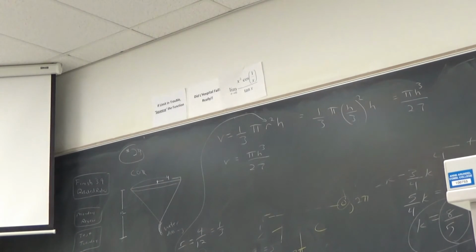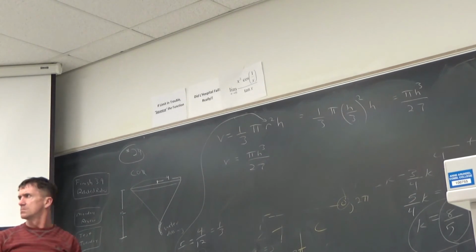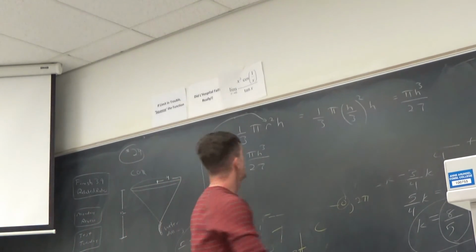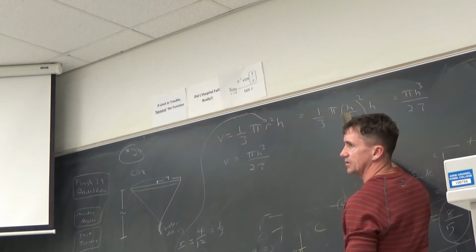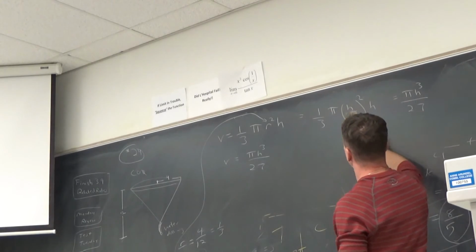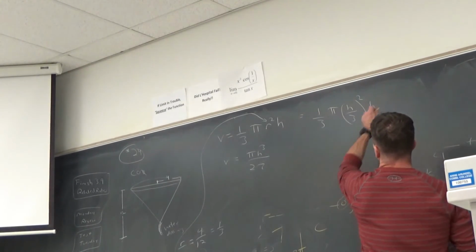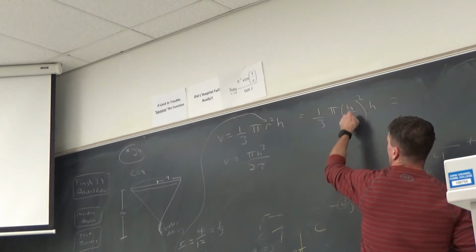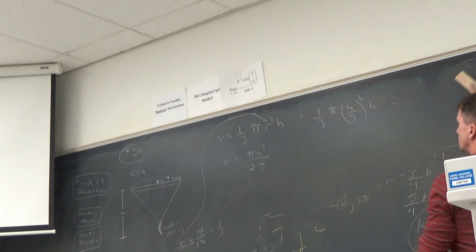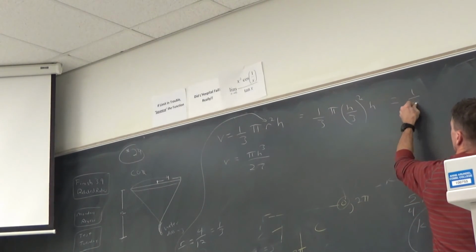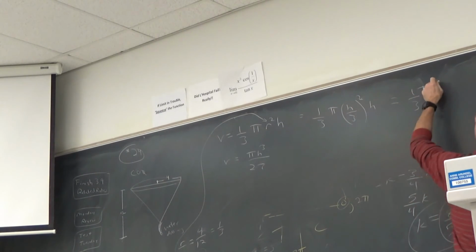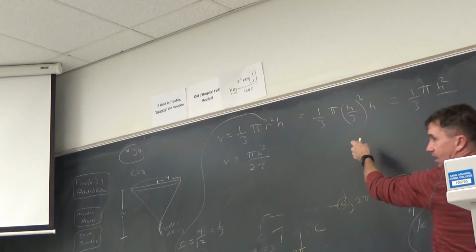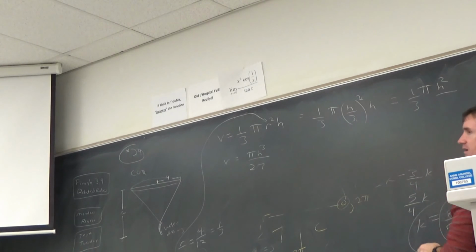Can you go step by step from plugging it into that? You bet. First of all, you saw I put h over 3 there, right? So mathematically, let's start by squaring both of those. You would get 1/3 pi h squared over 3 squared.